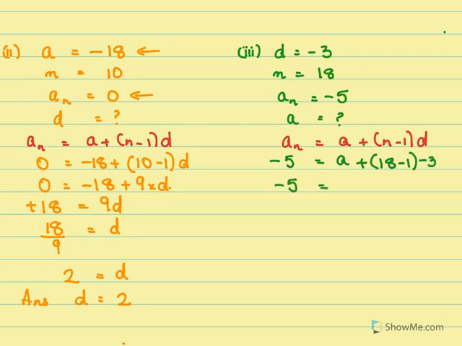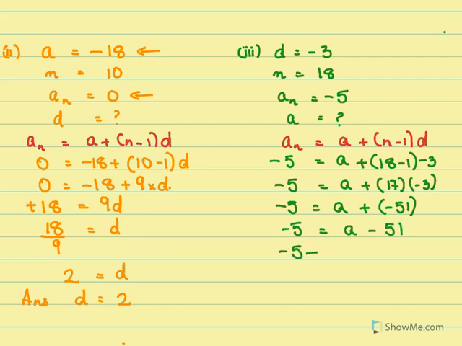So minus 5 equal to a plus 17 into minus 3, and 17 into minus 3 is minus 51. So minus 5 equal to a minus 51, minus 5 plus 51 equals a, so a equal to 46. For this AP, the answer is a equal to 46.